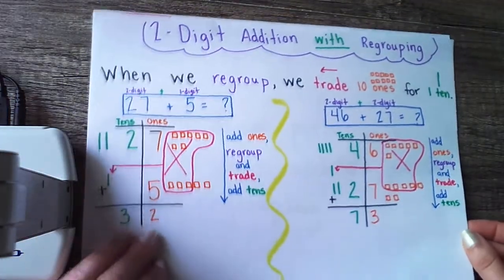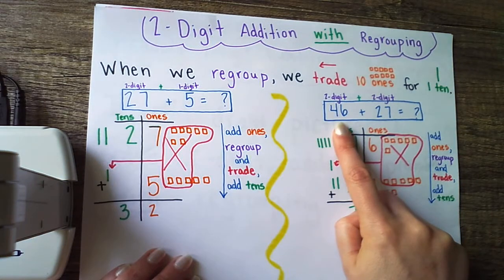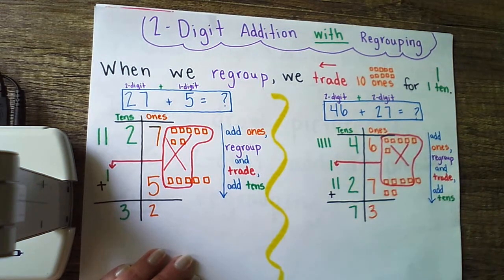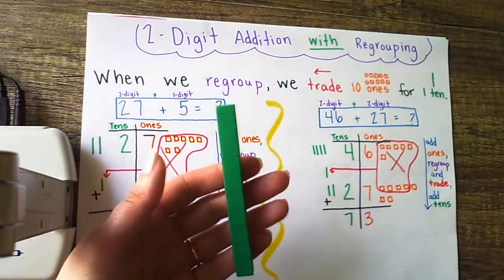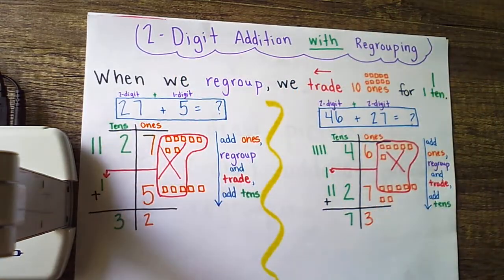So, yesterday, we started doing two-digit plus two-digit problems, and we used objects like base 10 blocks and ones to help us out. We said that we are going to set up our problem vertically.